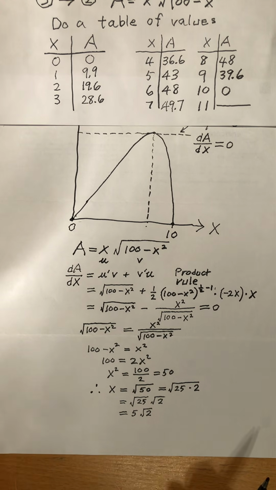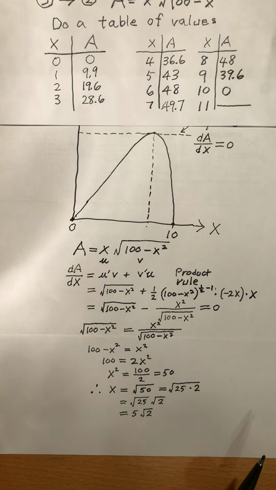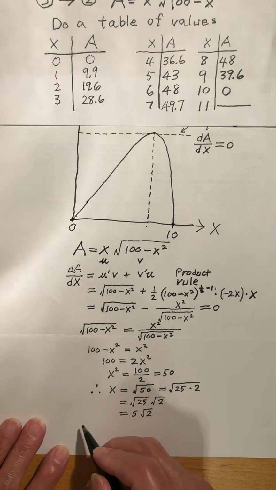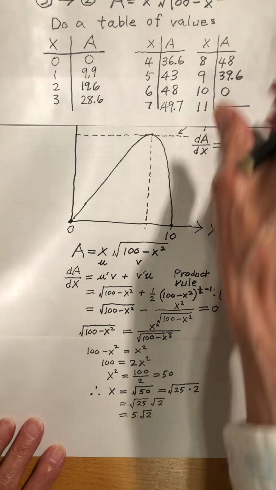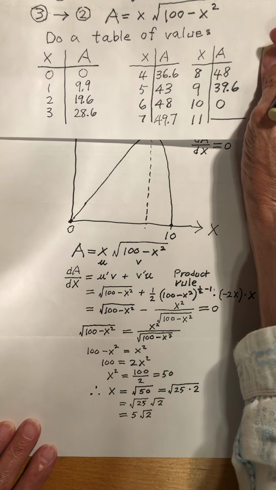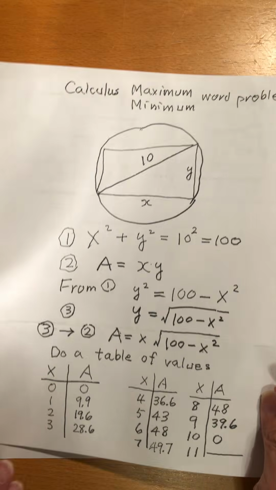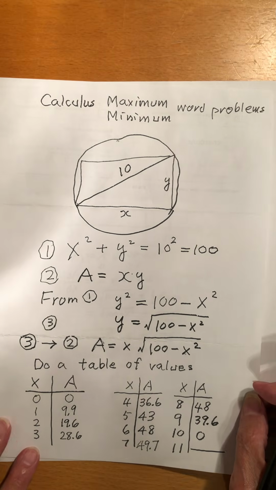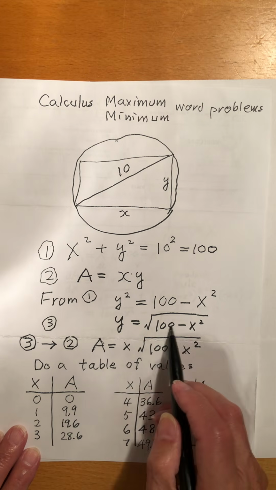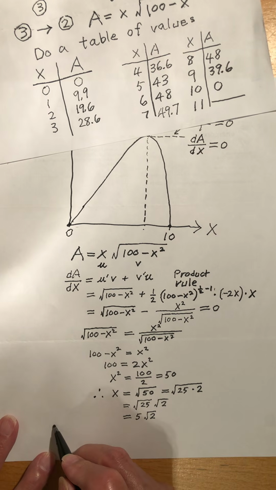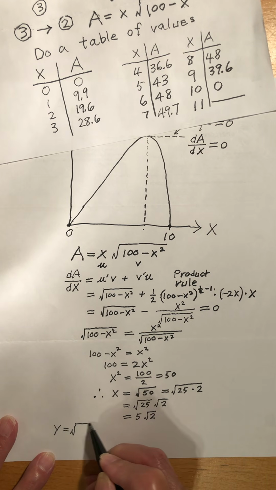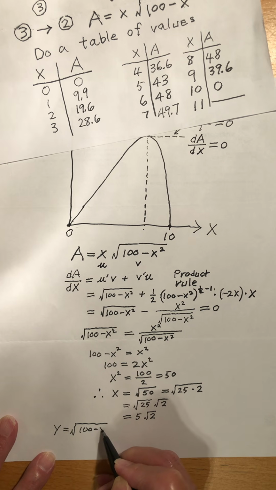I want the dimension of the rectangle. So I have the x already, so I need y. So y is what? From where can I find y? Okay, so let's see this now. Y is square root 100 minus x squared.